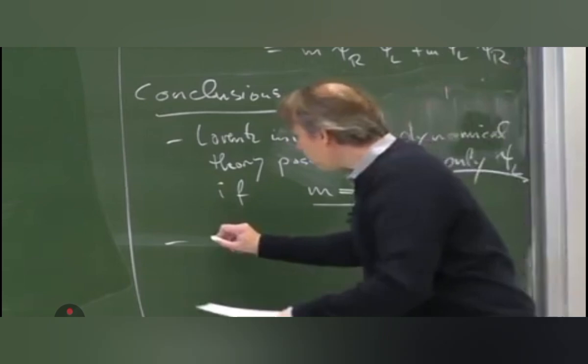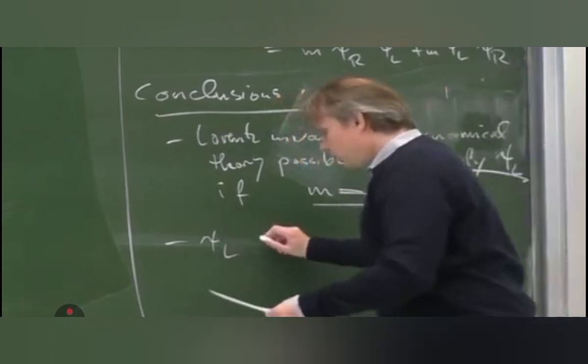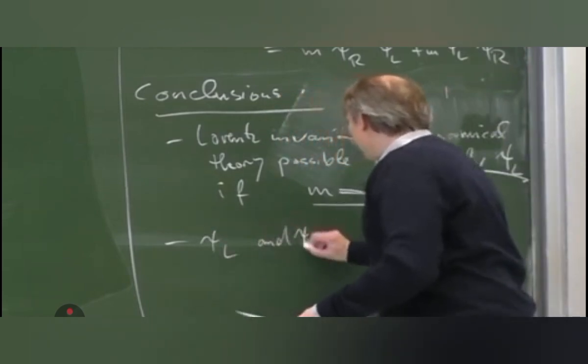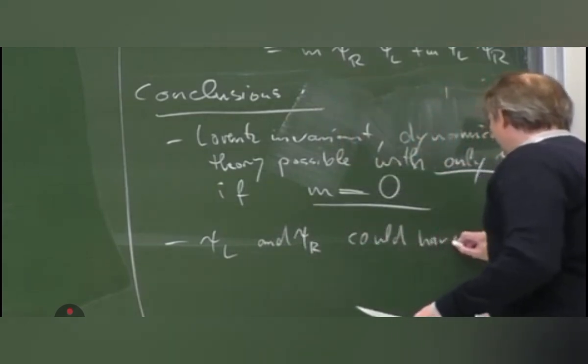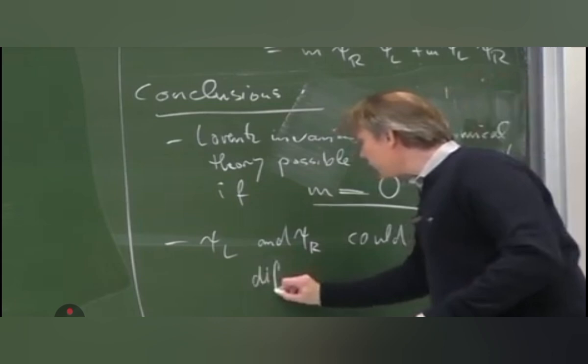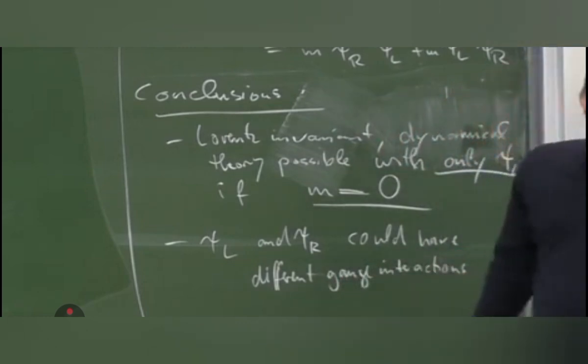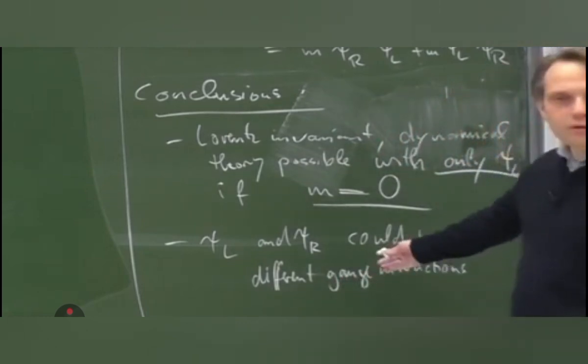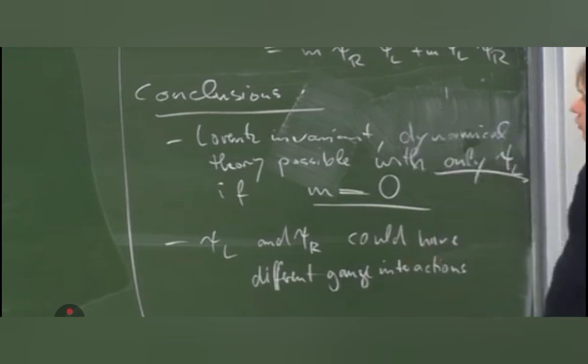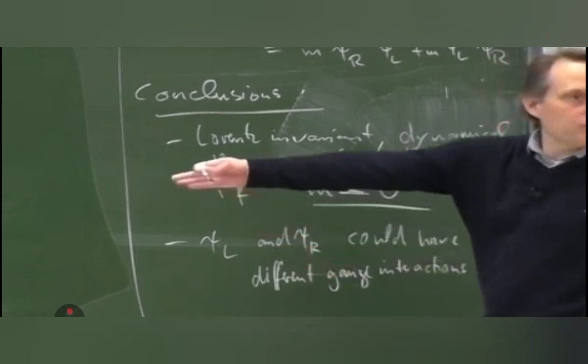It also means something about interactions. Psi left and psi right could have different gauge interactions. We didn't discuss that yet, but you know it from other lectures that gauge interactions like electromagnetism are simply introduced by making the derivative operator into a covariant derivative, so they appear like the d slash in the previous equation.